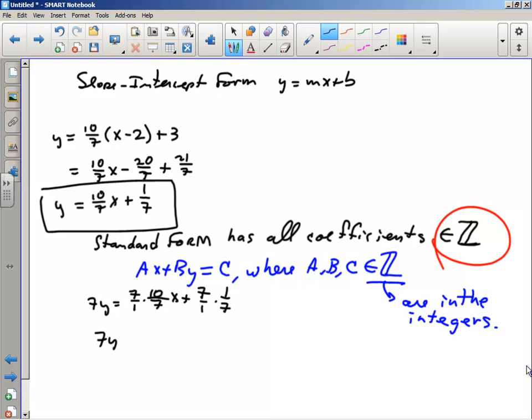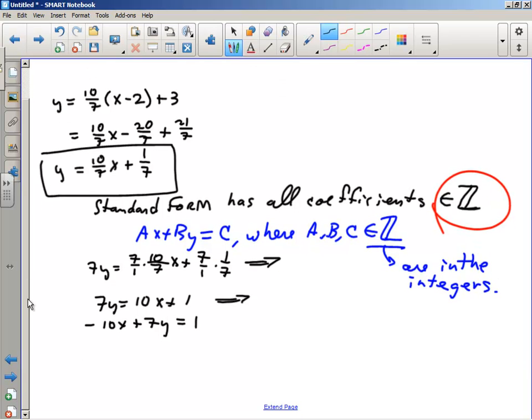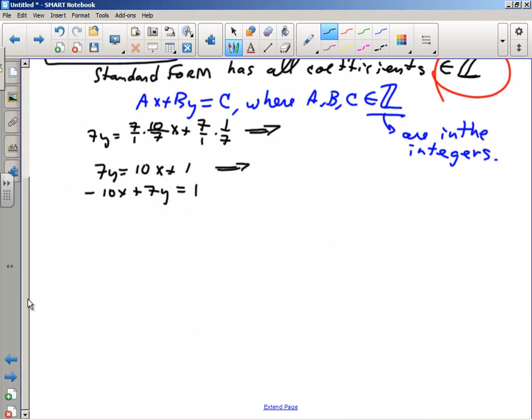So 7y equals 70x. No, 10x. The 7's cancel. Plus 1. And those are just implication arrows. It makes this a nice run-on sentence. The first thing implies the second thing implies the following. Minus 10x plus 7y equals 1. And so there's my ax plus by equals c with all integer coefficients.